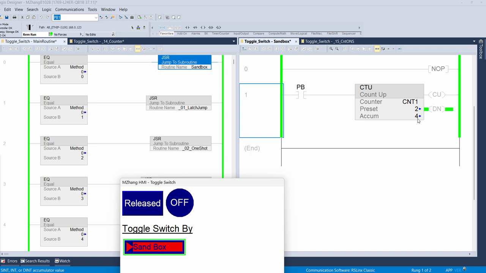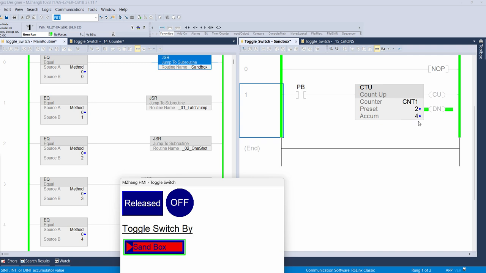If I remember correctly, this is different from the Siemens PLC counter instruction. In Siemens, I don't think they count up once they get to the preset; it will be capped at the value of 2.